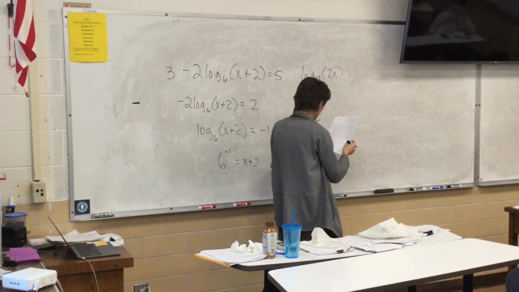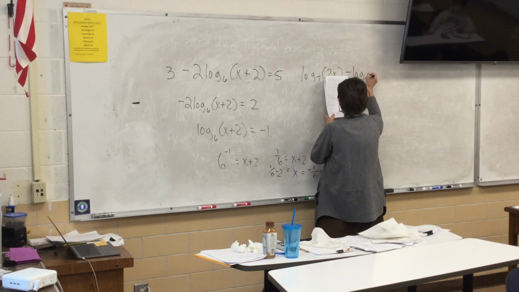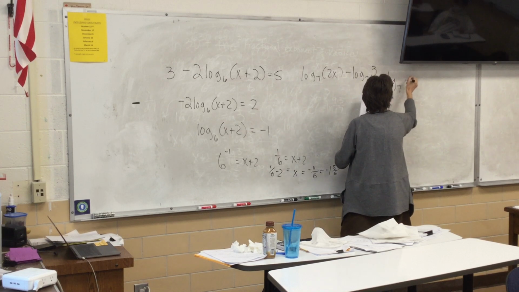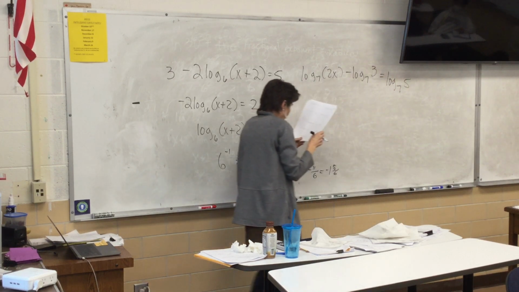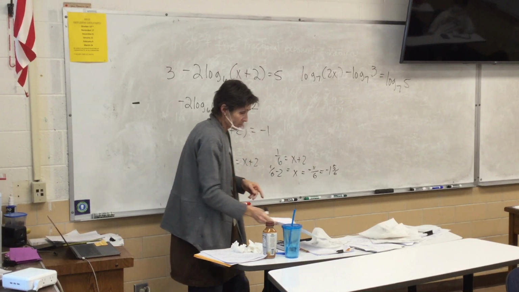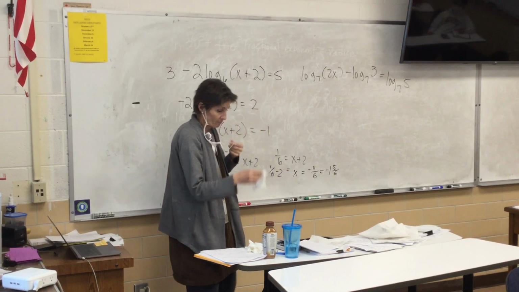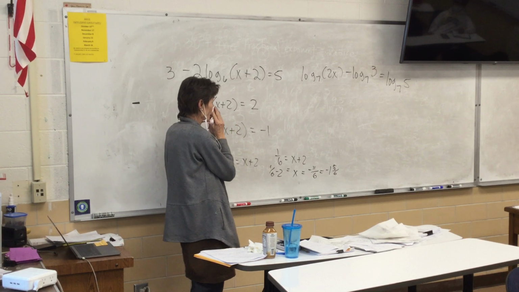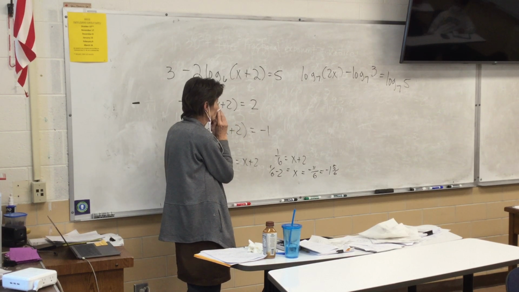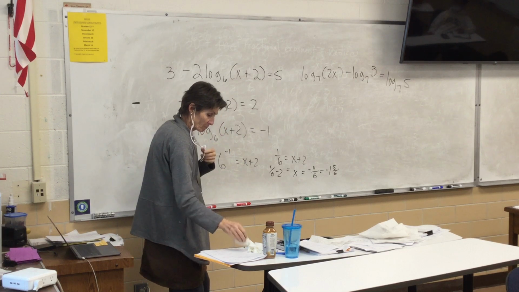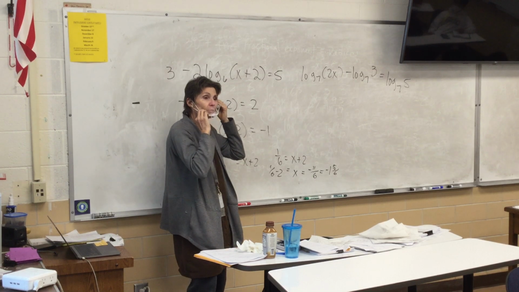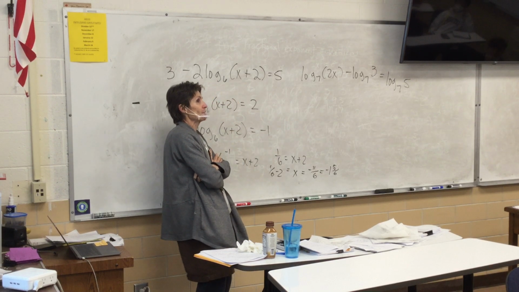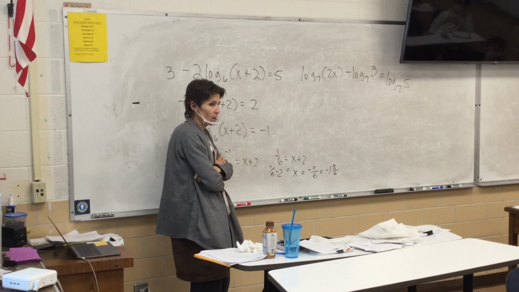If we have logarithms on both sides, we need a different strategy. First thing we have to do is go back to what we talked about at the very beginning of the period. Does anybody remember what that was?